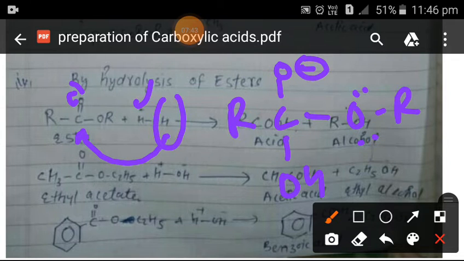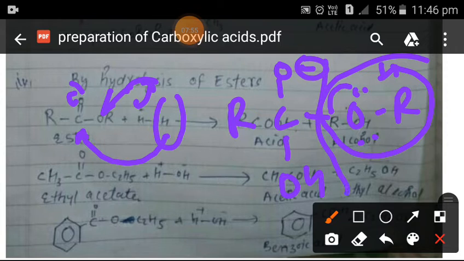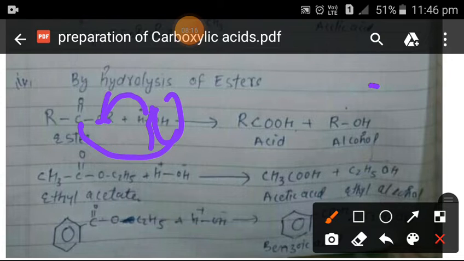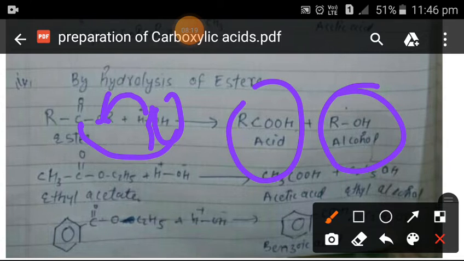And this hydrogen will be accepted by this oxygen, and there is a cleavage of this bond, and alcohol is formed. And for the carboxylic acid, the bond shifting takes place from oxygen to carbon, and a carbon double bond forms. So here the products will be acetic acid and alcohol. Clear? So you just remember that OH combines with this carbon, and hydrogen combines with this OR. This is the formation of alcohol and carboxylic acid.